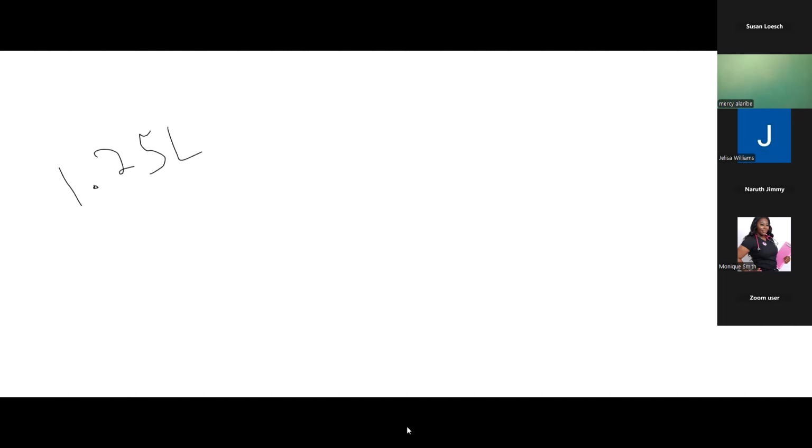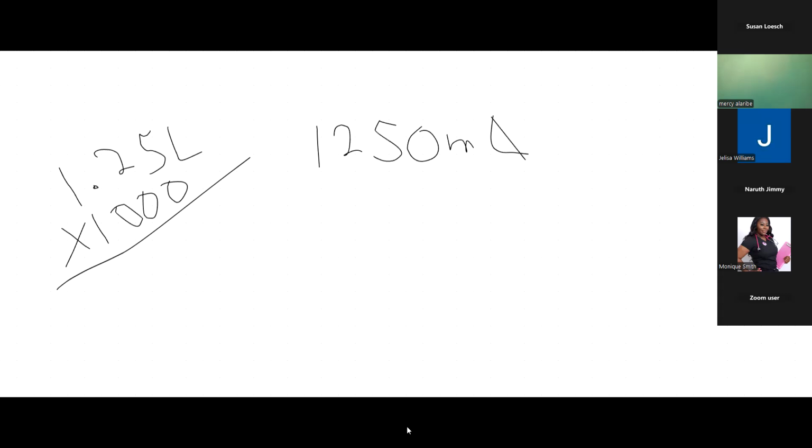Okay, so we're going to multiply this times 1,000, and that's going to tell us how many milliliters we have. You should have got 1,250 milliliters, right? Yes. 18 hours, okay? So for the milliliters per hour question, we can use the 18, right? Now we can just do the math there.